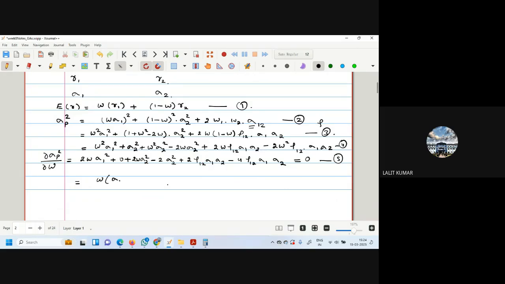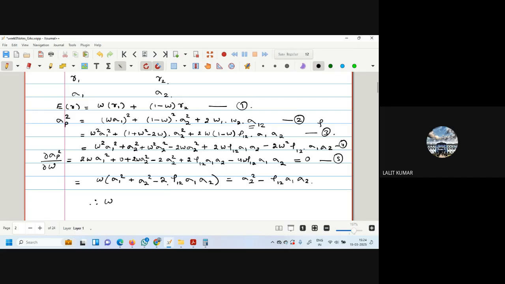This will become sigma 1 squared plus, there was one W here also, sigma 2 squared minus 2 rho 1 2 sigma 1 sigma 2, is equal to, when you bring it to this side, sigma 2 squared minus correlation coefficient 1 2 sigma 1 sigma 2.